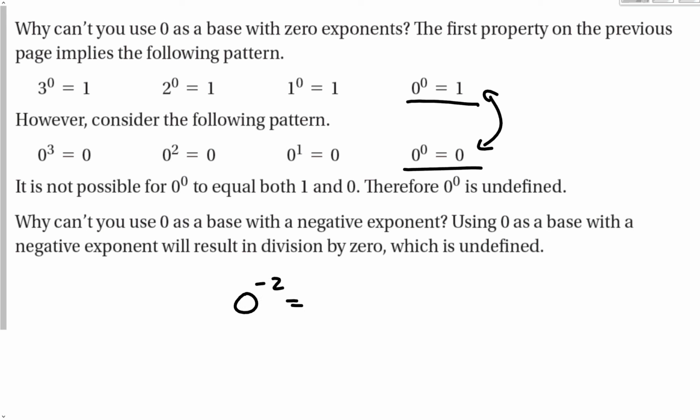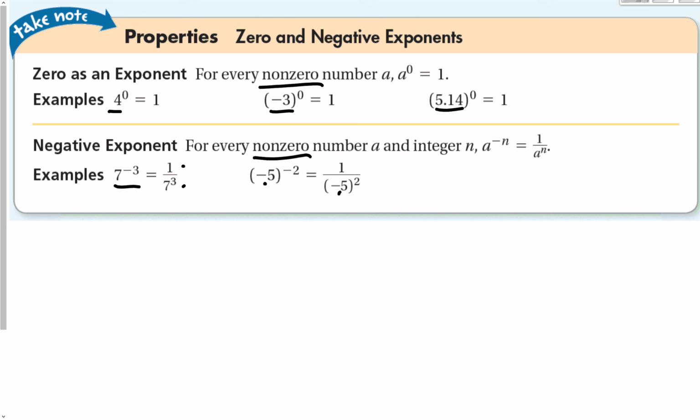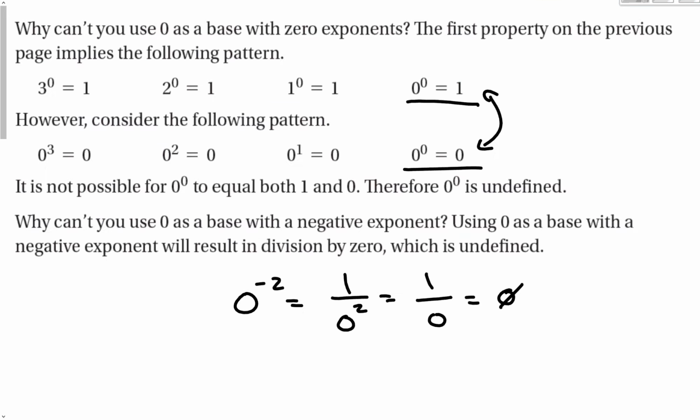Because if we had that, we would then say 0 to the negative 2, which is 1 over 0 squared, which is 1 over 0, which is undefined. So using 0 as a base with a negative exponent will result in division by 0, which is undefined. Okay, so going back real quick, both of these rules only work as long as the base is not 0. Okay. Let's see some problems with these.